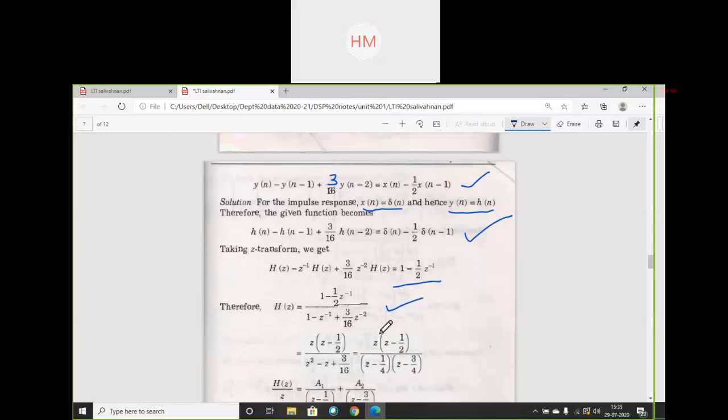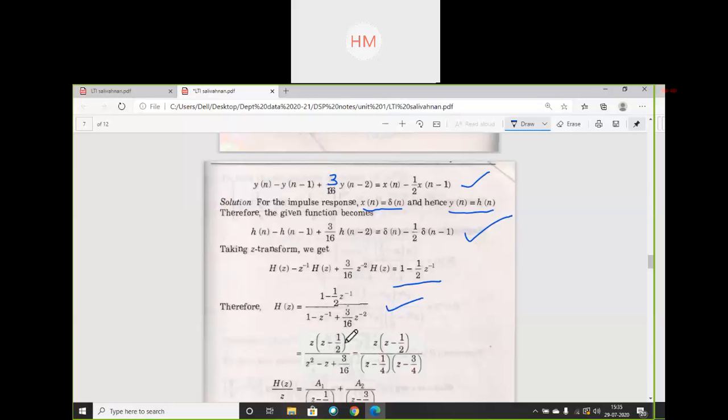This is a simple trick I am telling you so that you don't get confused. So z minus half over z square minus z plus 3 by 16. I have converted the powers by multiplying and dividing by z to the power 2. It's as simple as that. Or take z common from here, because z inverse means 1 upon z.